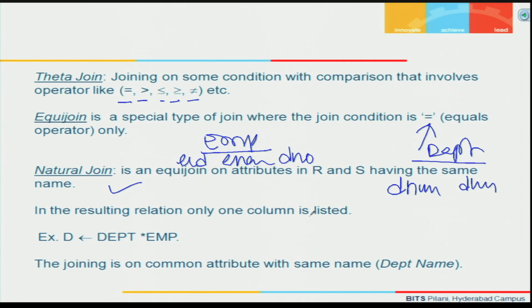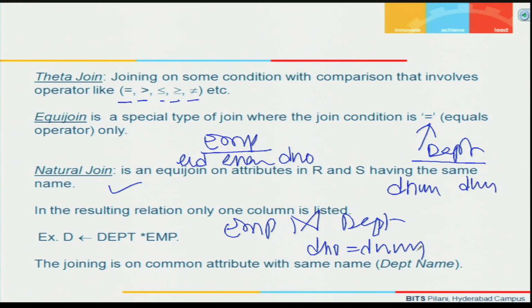No 2 columns in these tables have the same name, so that's why it is not possible. Then I can apply equi-join. I can say that employee joined with department where DNO in employee is equal to dnum in the department.